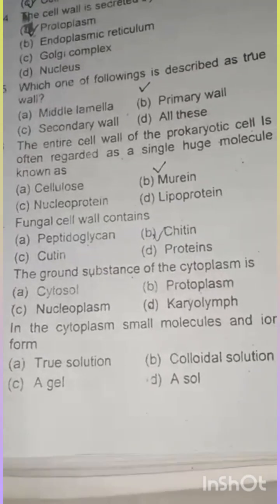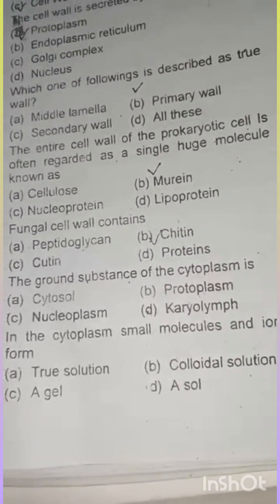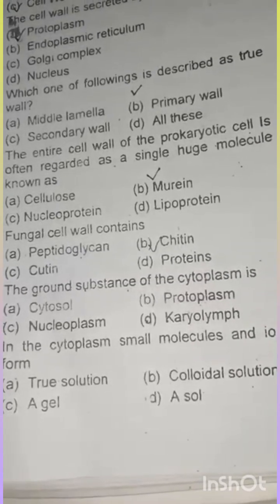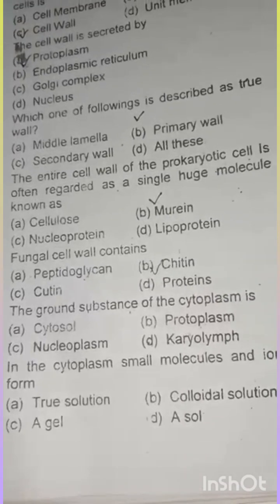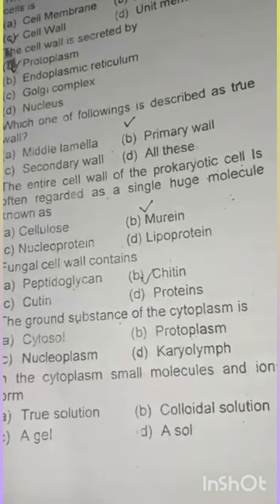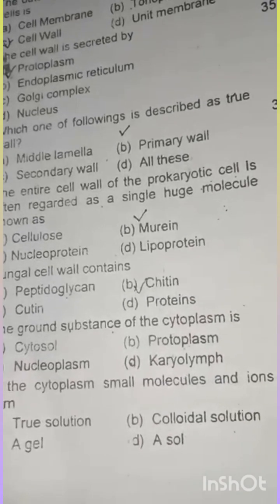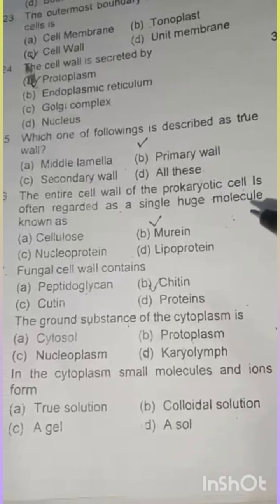The ground substance of cytoplasm is: option A, cytosol; option B, protoplasm; option C, nucleoplasm; option D, karyolymph. Nucleoplasm and karyolymph are present in the nucleus, and karyolymph contains highly proteinaceous substance.